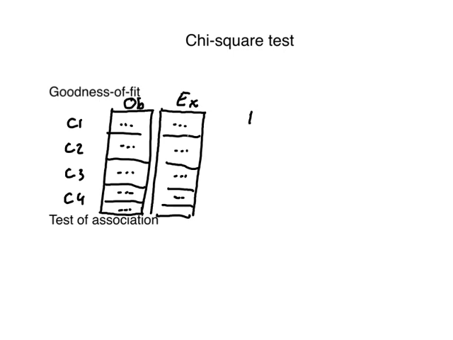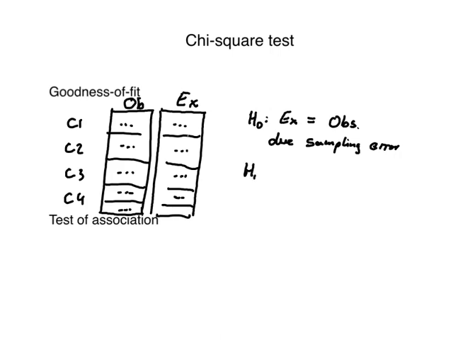So here our null hypothesis would be expected values equals the observed values, or the other way around. And any deviation from that is just due to sampling error. So that's the null hypothesis.